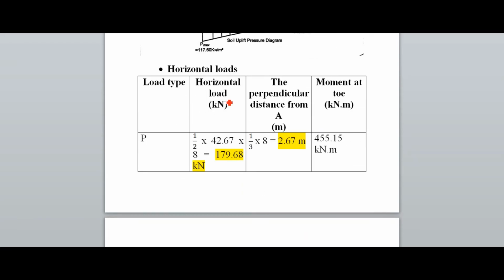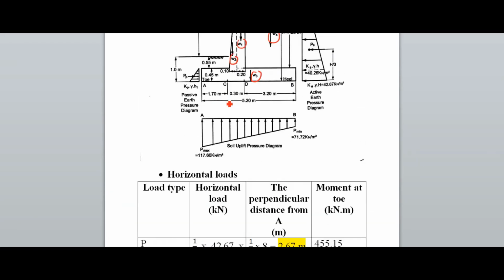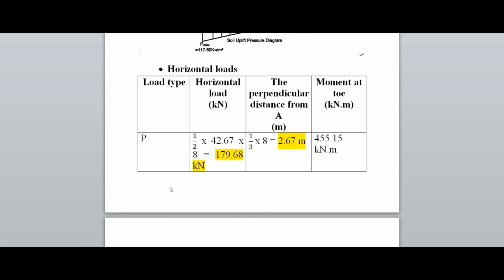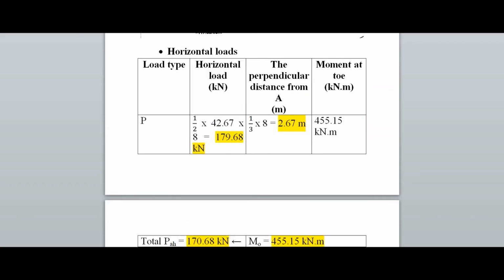So horizontal load, P horizontal load means this PA. This horizontal load is calculated as 1/2 into 4.6 into 8 because of the triangle shape. So 179.86.